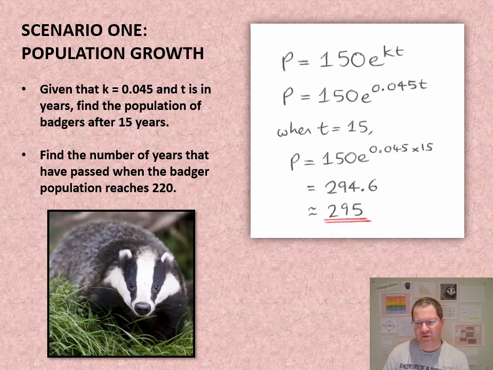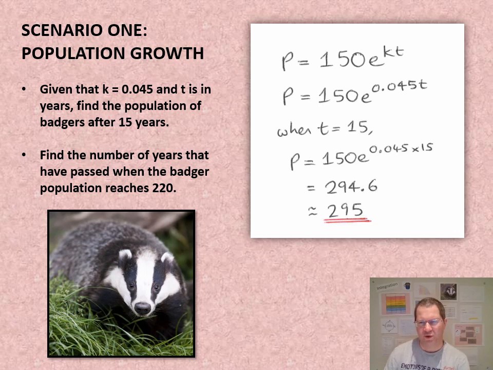Having got our expression for P equals 150 e to the kt, we may then be asked to work some other things out. So in the first part of this question, it says given that k equals 0.045 and t is in years, find the population of badgers after 15 years. Okay, so all we have to do to work that out, there's no calculus involved.